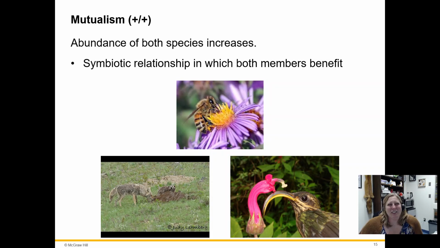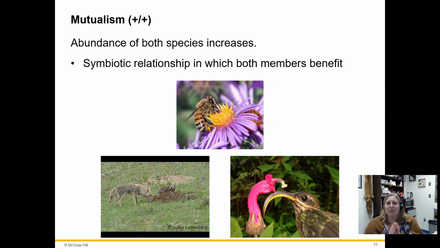But I really like talking about coyotes and badgers. People know about mutualism. That one's pretty straightforward. Coyotes and badgers, though. When things are good, when there is enough food source, when there are enough prairie dogs, coyotes and badgers work together to hunt. And when they work together, they are 90% successful in their hunts, which is huge as a predator.